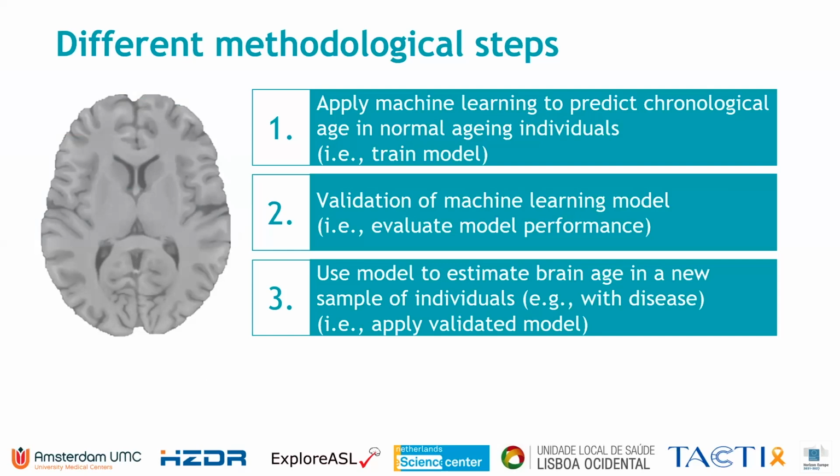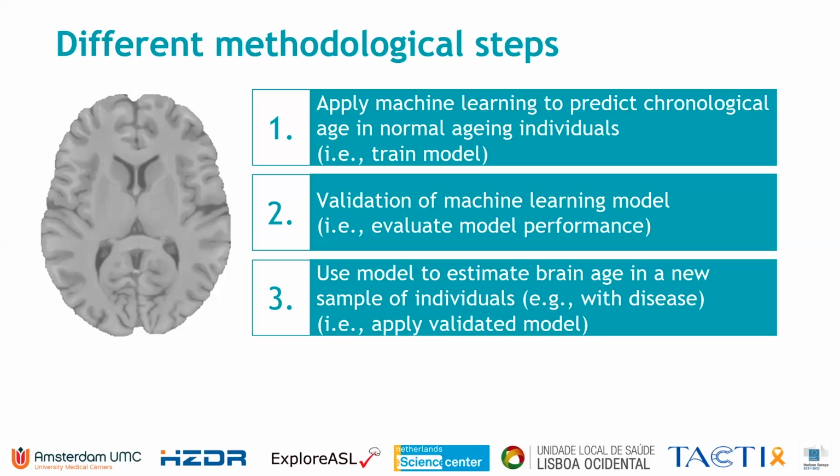First of all, we use machine learning to make predictions of chronological age in the context of normal aging individuals. So we train a certain model to be able to do these predictions. Subsequently, we validate and optimize this model, and we also check whether the model is actually doing what we want it to do.